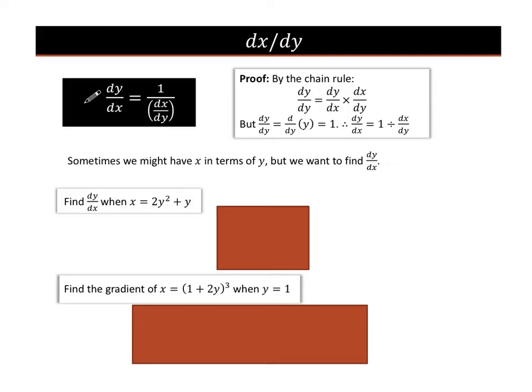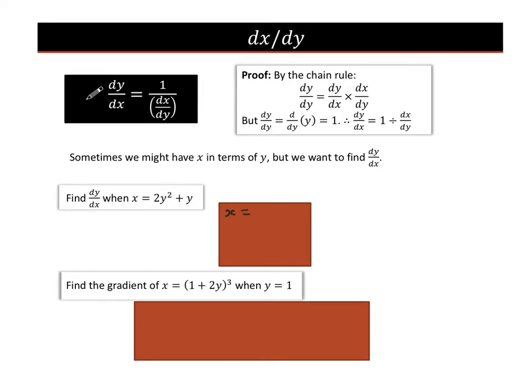So find dy by dx when x equals 2y squared plus y. If we know that x equals 2y squared plus y, we're going to differentiate x with respect to y. So basically we just do the same, but with y. So 2y squared, to differentiate that, bring the power down, 4y, take away 1 from the power, y differentiated is 1. Awesome. So this is dx over dy.